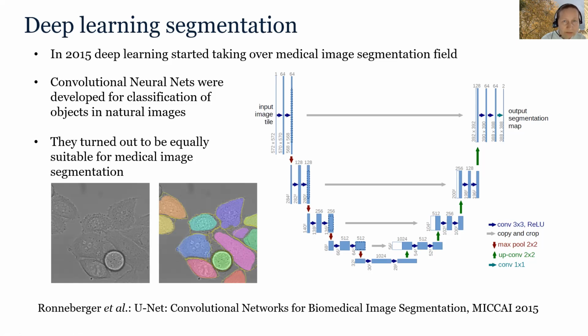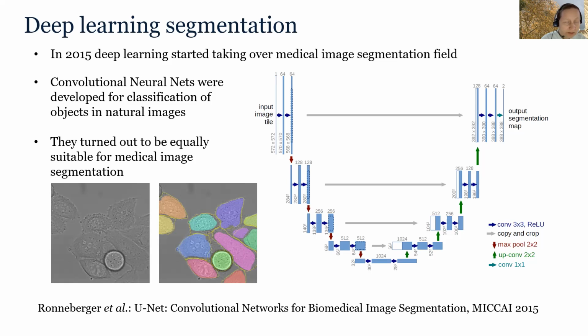Secondly, we can't really use prior information because these cells appear almost randomly at any location in the image, and they can also have random shapes. So you can imagine how classical segmentation techniques would struggle with this image.